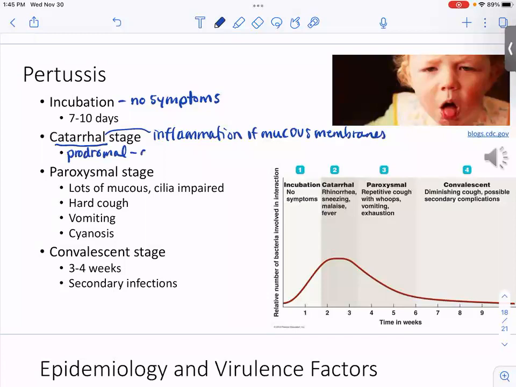So in this case we have cold-like symptoms. So runny nose, maybe a little tiredness, maybe a little coughing, but not enough to make people usually stay home. And for this infection, it's the most infectious time, which is kind of unusual.